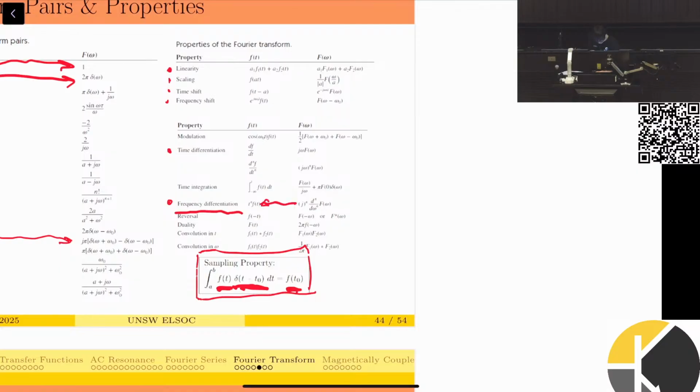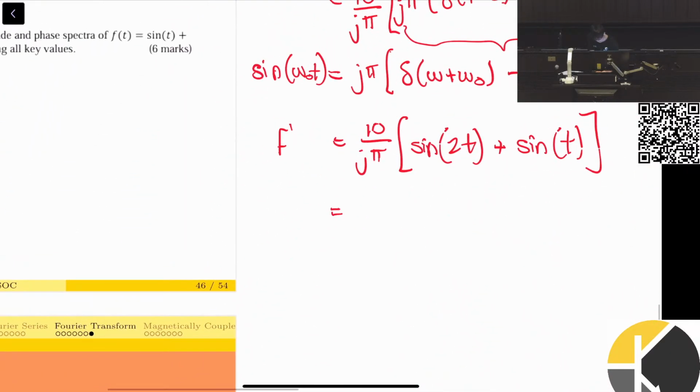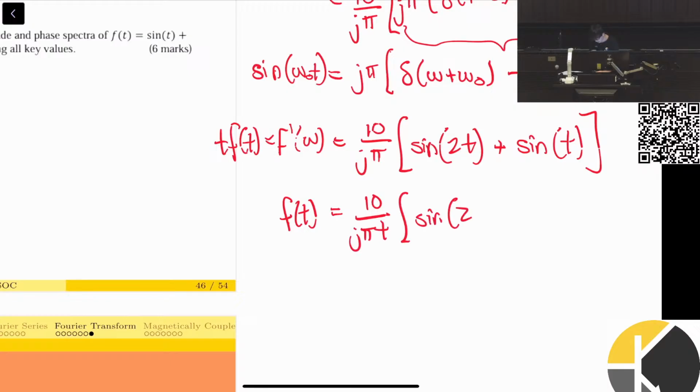Since we have the derivative of F of omega, this is equivalent to t times f of t. So I'm going to sub that in. So this is the derivative of F omega, which is t f of t. So then I have f of t is 10 on j pi t, sine of 2t plus sine of t.